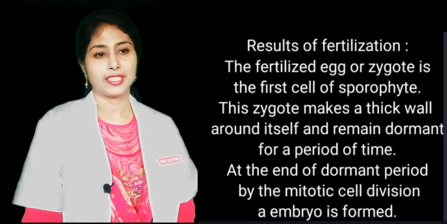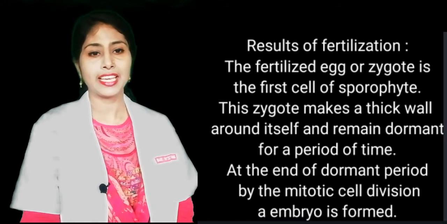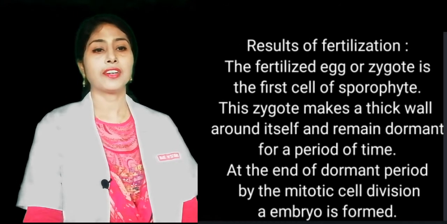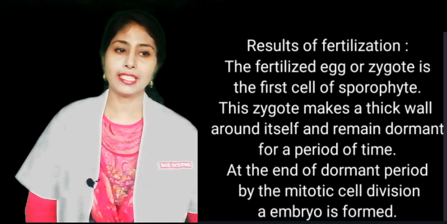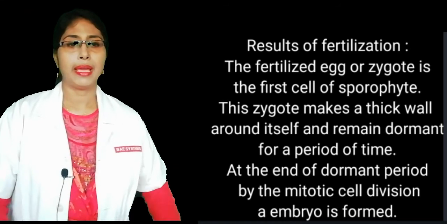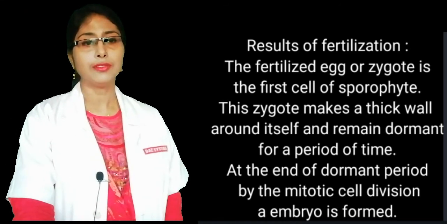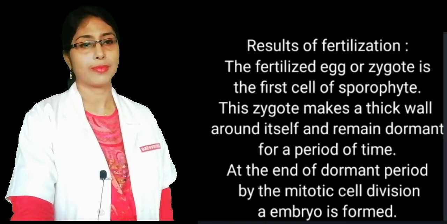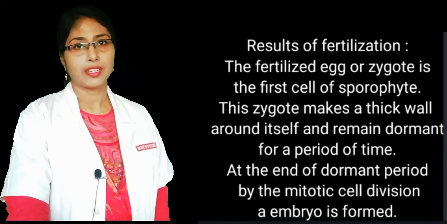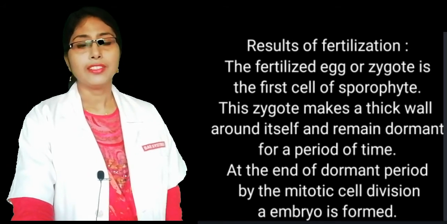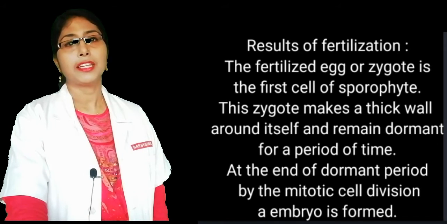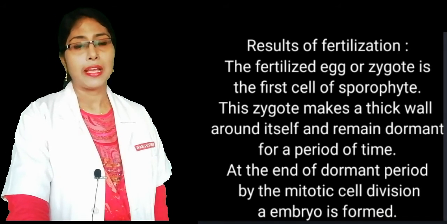Results of fertilization. The fertilized egg or zygote is the first cell of the sporophyte. This zygote makes a thick wall around itself and remains dormant for a period of time. At the end of the dormant period, by mitotic cell division, an embryo is formed.